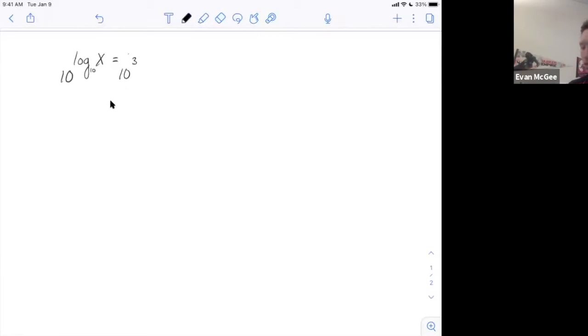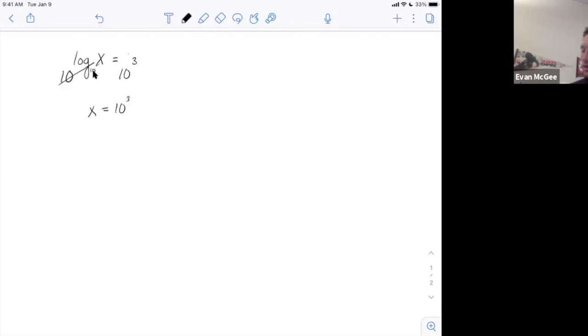Then what happens is the 10 cancels the log, and I'm left with x equals 10 cubed. So if you remember what I said, both ways end up with this result. But the best way to remember is really raise both sides to be powers of whatever the base is. So in this case, the base was 10, so raise it to be the power of 10.